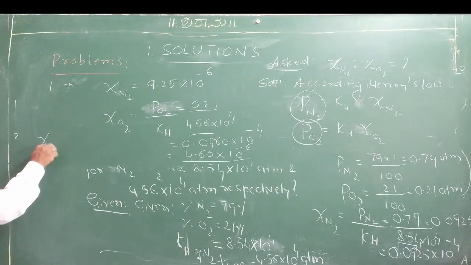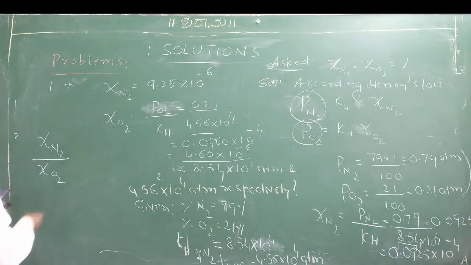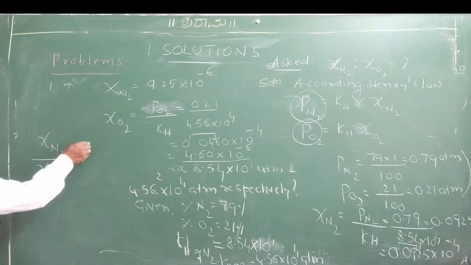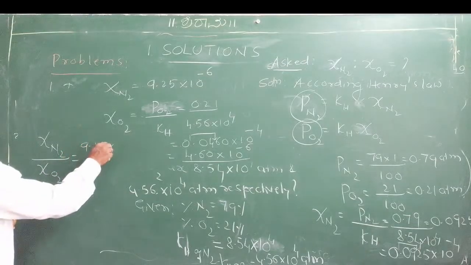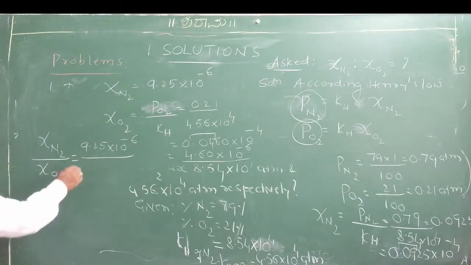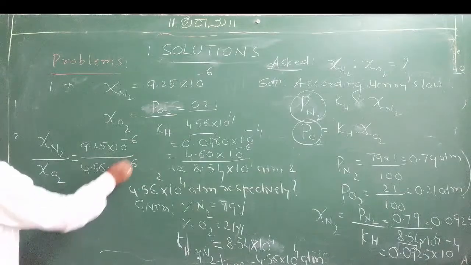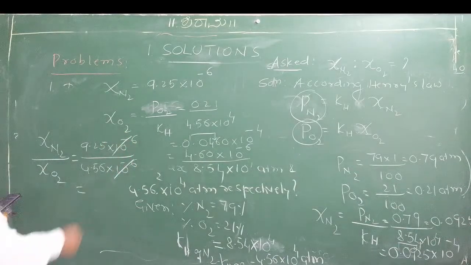Therefore, the ratio of mole fraction of nitrogen to mole fraction of oxygen, you can calculate now and write the value. Mole fraction of nitrogen is 9.25 into 10 raised to minus 6 divided by 4.60 into 10 raised to minus 6. The 10 raised to minus 6 cancels.